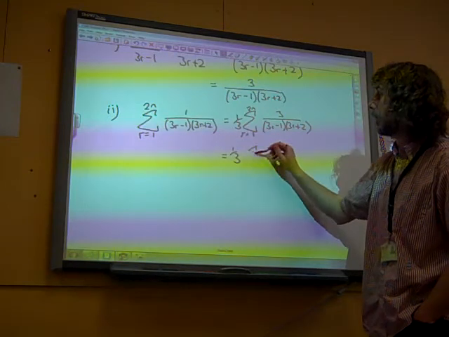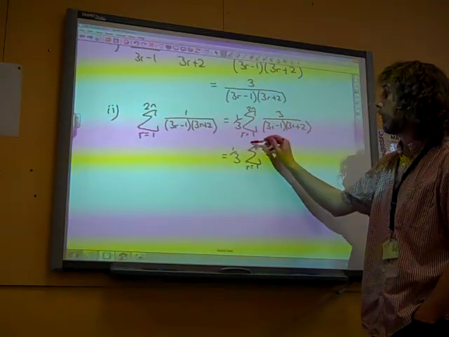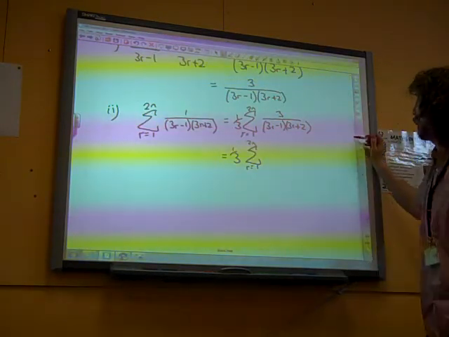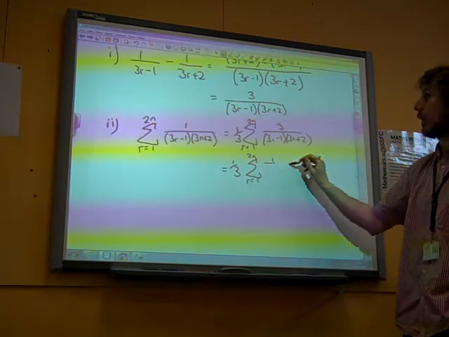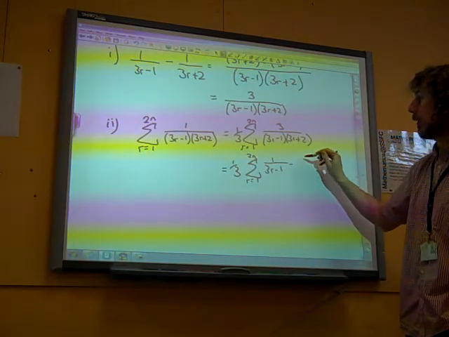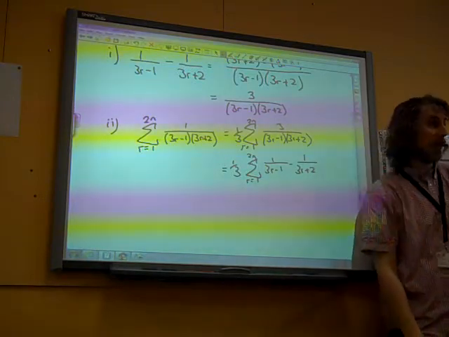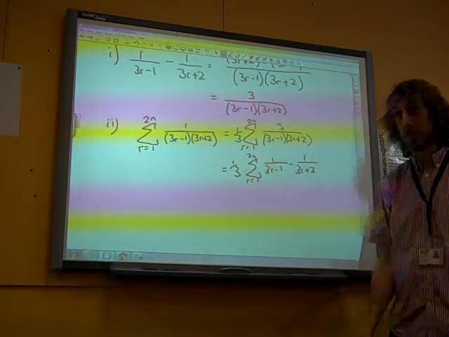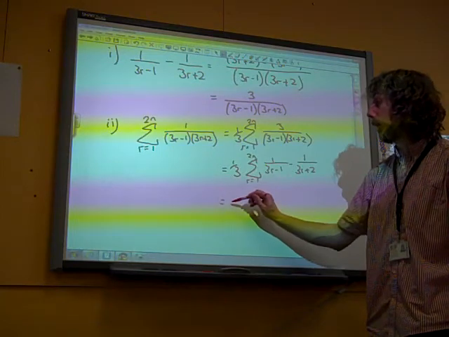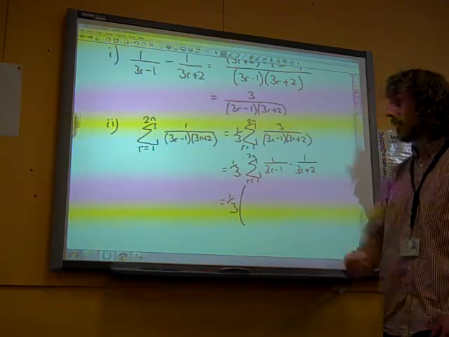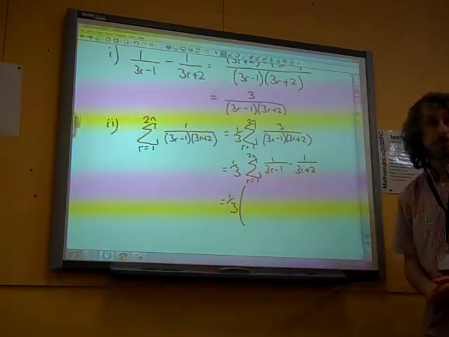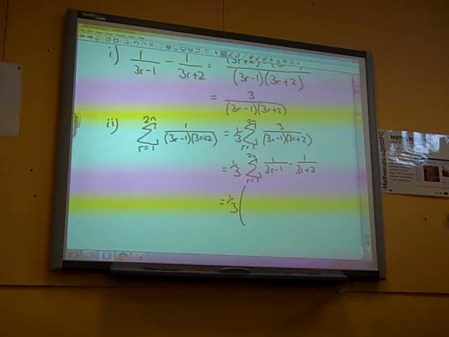Then we're doing the sum of r going from 1 to 2n of this fraction that we had, which is 1 over 3r minus 1 minus 1 over 3r plus 2. And we're going to see what is going to happen if we put some numbers into that. Let's keep my third there. I'm going to start with r being 1.